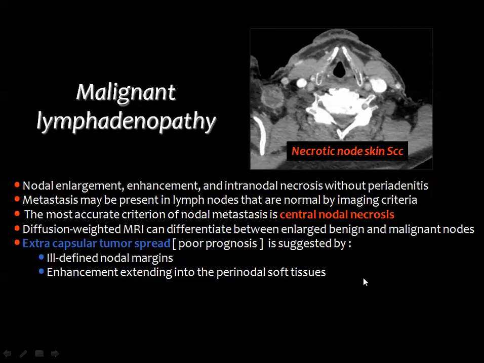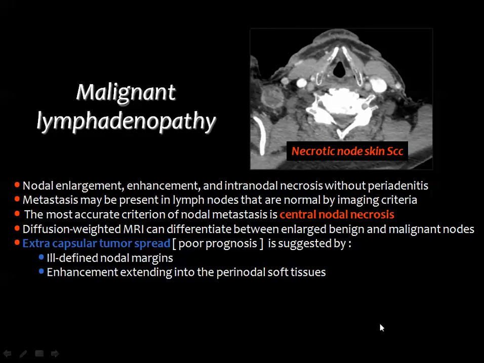But you remember that bacterial lymphadenopathy will have some perinodal inflammatory changes, while TB lymphadenopathy will not. So if the clinical picture and the imaging findings are not characteristic to separate the malignant from tuberculous lymph nodes, then you go by needle biopsy to confirm the diagnosis.